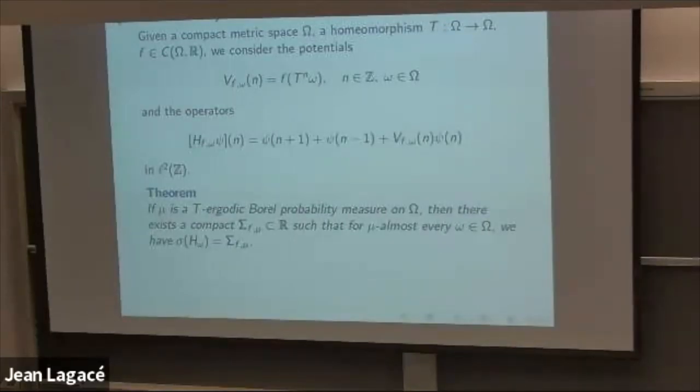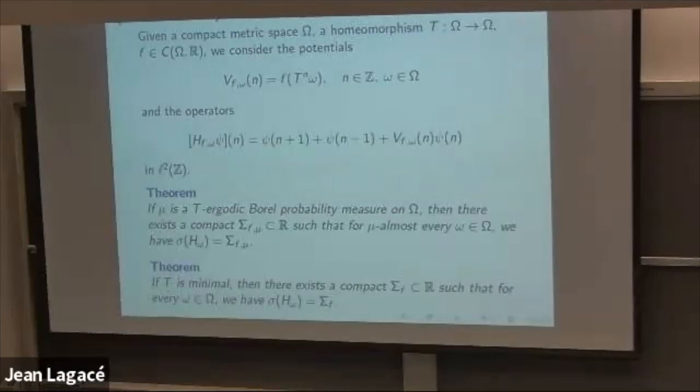The whole point of ergodicity is that invariant things are almost surely constant. The spectrum is invariant because if you shift, you have the same spectrum, because the shift is a unitary transformation that leaves the spectrum invariant. So this is really a consequence of ergodicity. So the question is, which ergodic measure do I want to work with?